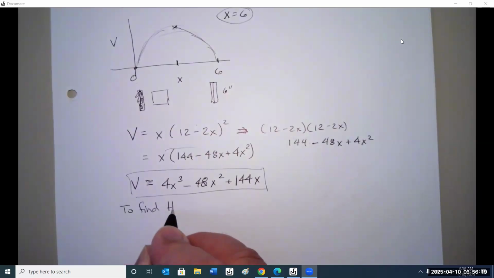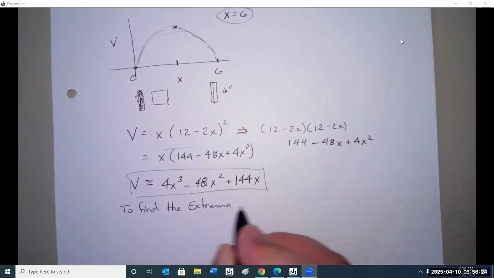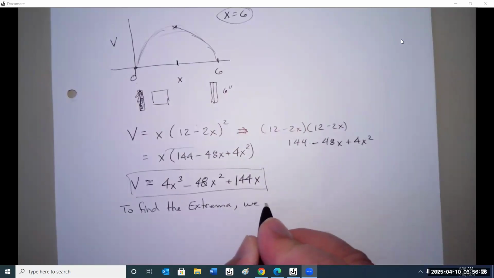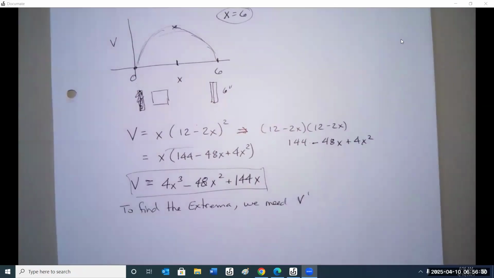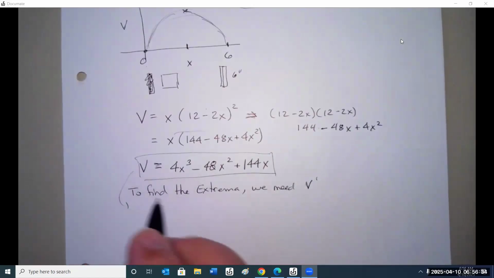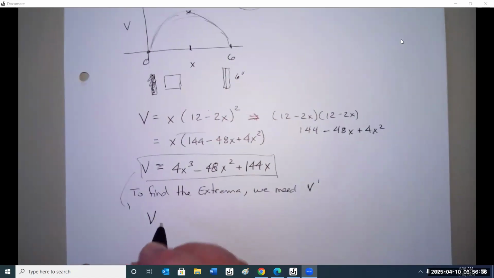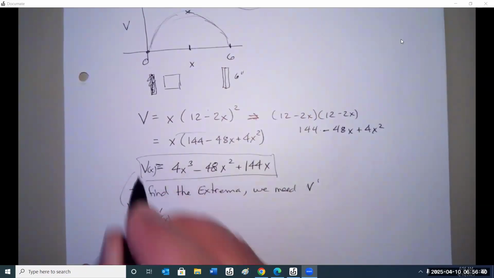To find the extrema, we need V prime. So from here, we find V prime of x, because this is actually a function of x.